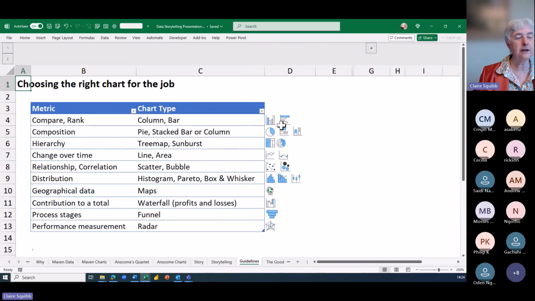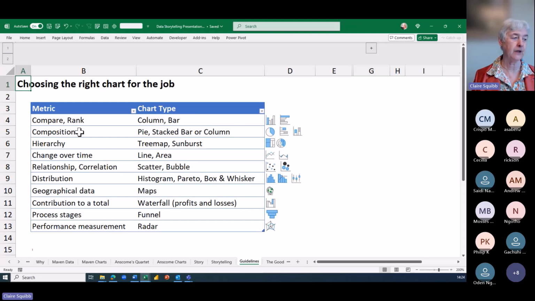Column charts and bar charts are very good for comparison between sets of data or showing things in ranked order, particularly if you're using Power BI, by the way, which is where I've pinched these little thumbnails. Power BI is very good because it's very easy to sort the data into axes.